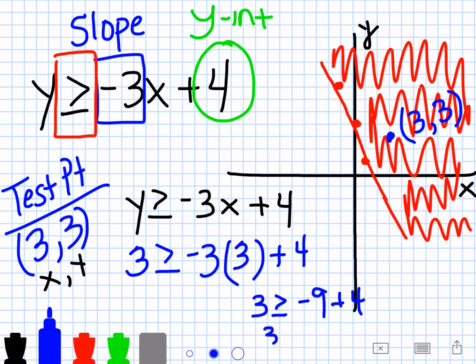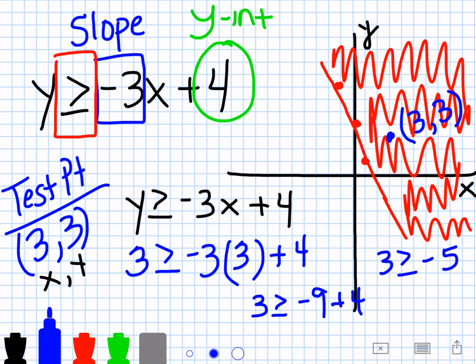I'm still left with 3 is greater than or equal to a negative 9 plus 4, which will give you a negative 5.